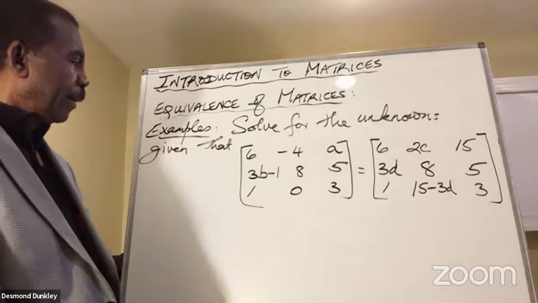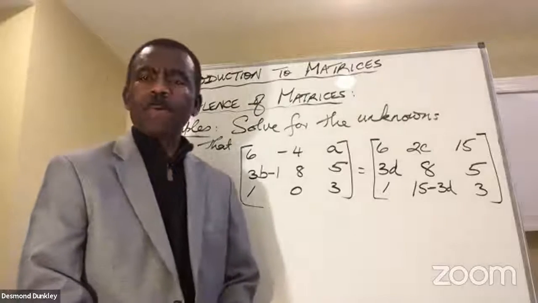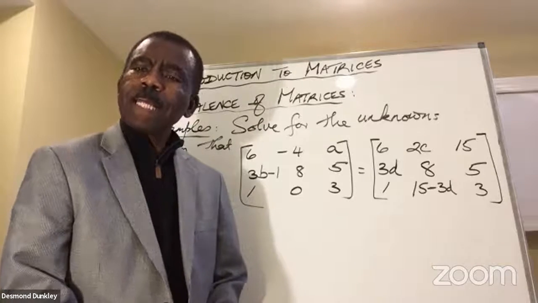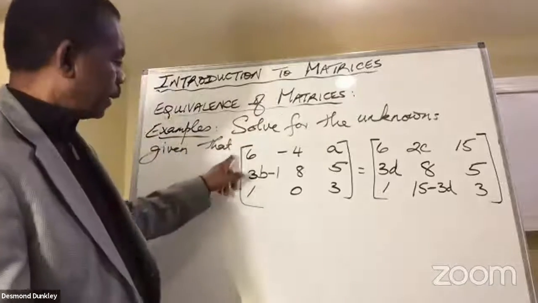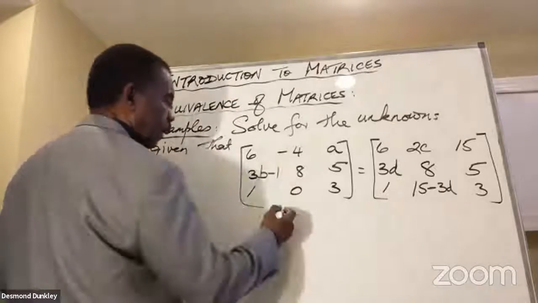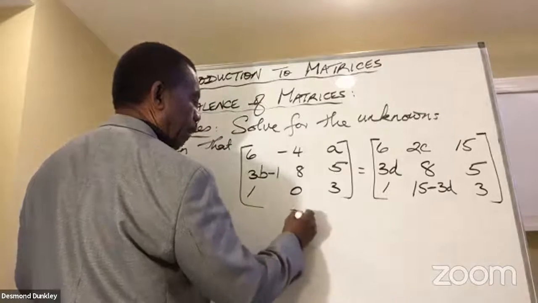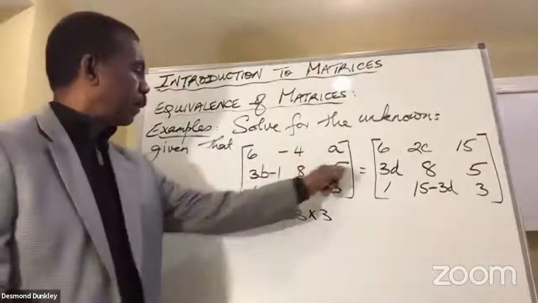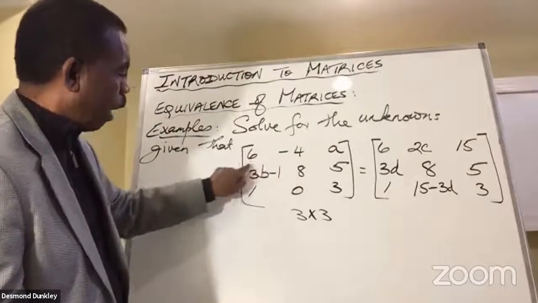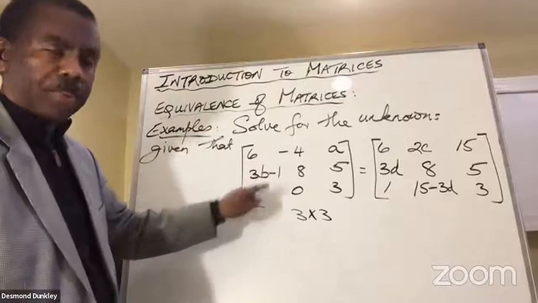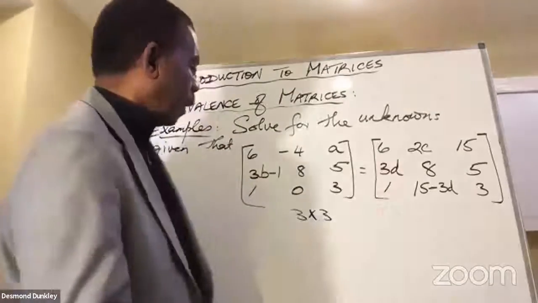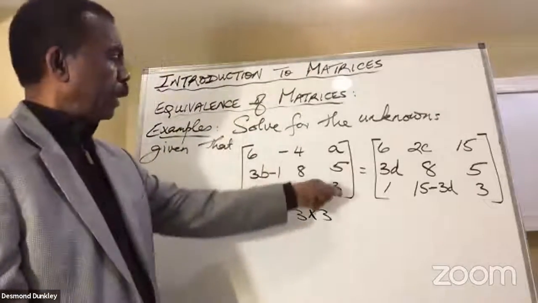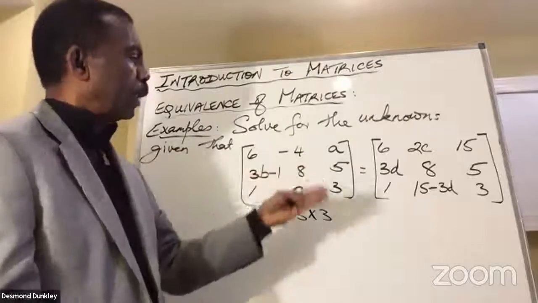Okay, good. So here we go. Are they the same size? Well, this is a 3 by 3 matrix. 3 rows. 3 columns. 1, 2, 3, 1, 2, 3.